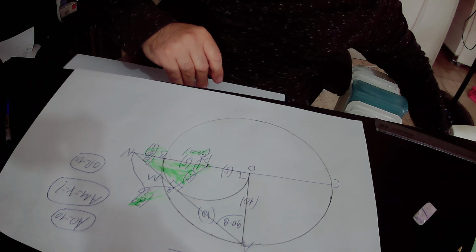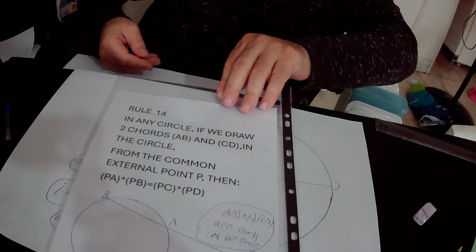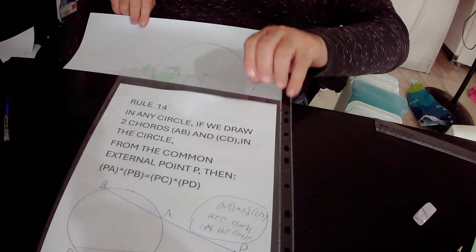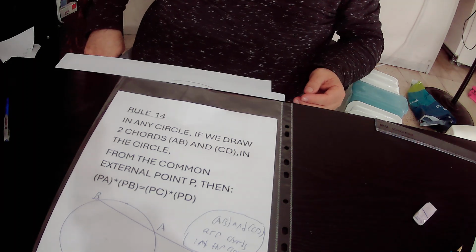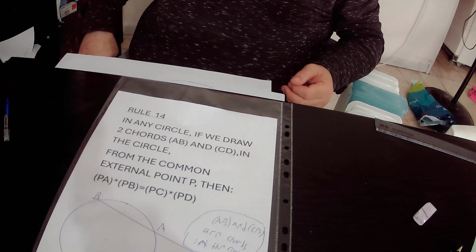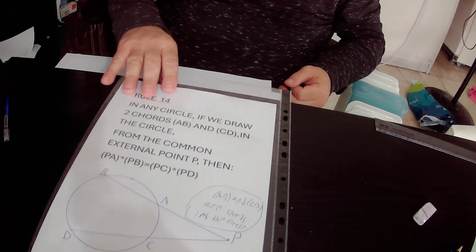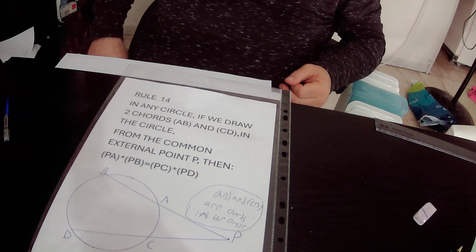The new rule is rule number 14. Rule number 14 is true in any circle. In any circle, if we draw two chords AB and CD inside the circle from the common point P, then the following equation will be true: PA times PB equals PC times PD.